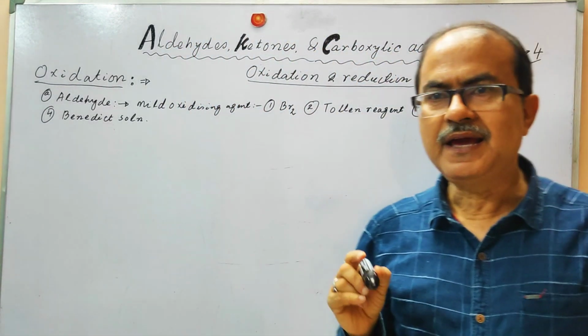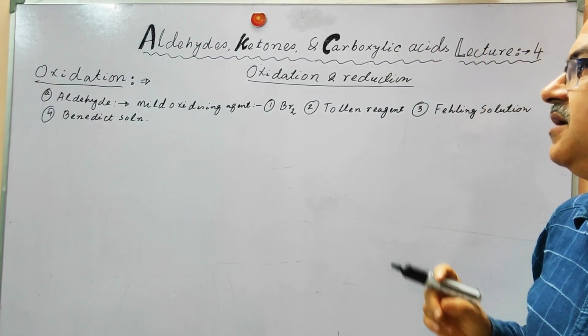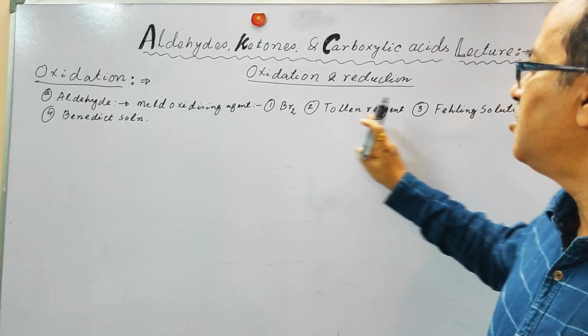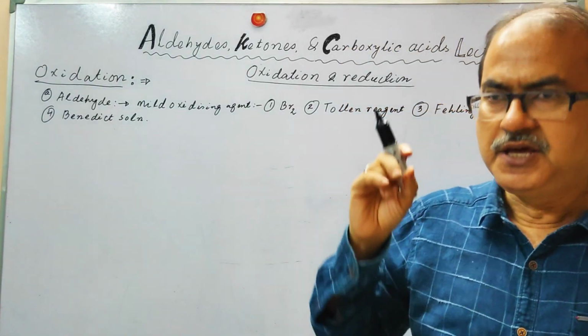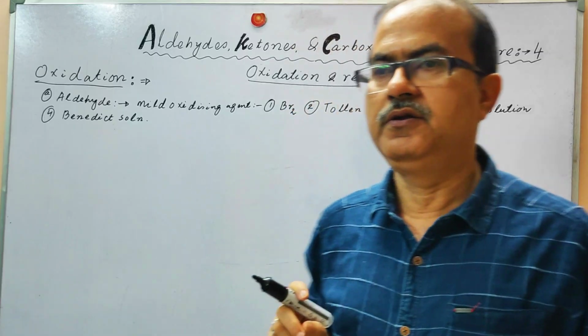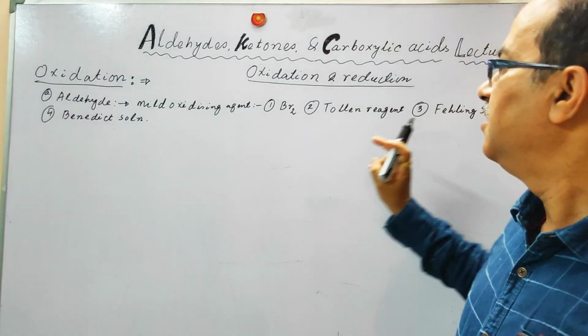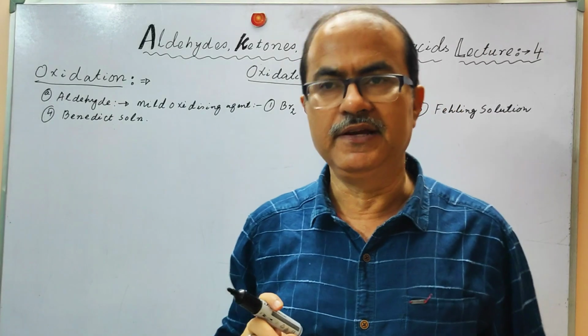So aldehyde can be easily oxidized to carboxylic acid by all these mild oxidizing agents. That means aldehyde can reduce all these mild reagents: bromine, Tollens reagent, Fehling solution and Benedict solution.